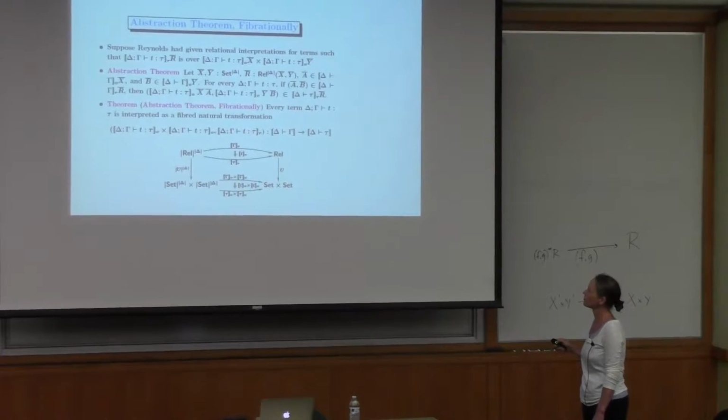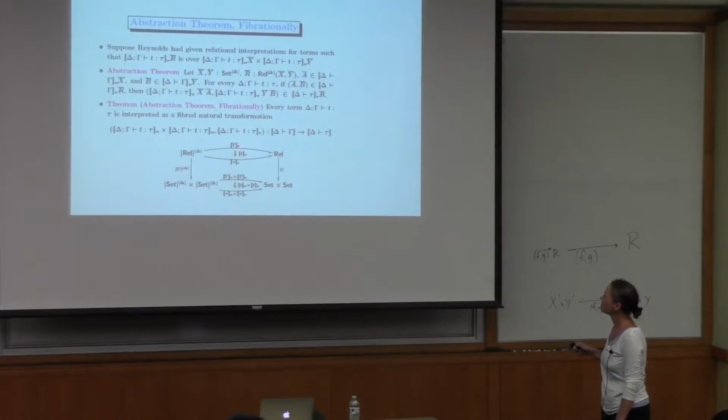And if I look at the relational interpretation of that same type, that's going to give me another piece of a fibered natural transformation. And here they are. So I've suppressed all the deltas in the picture. But this part here is this, and this part here is this.